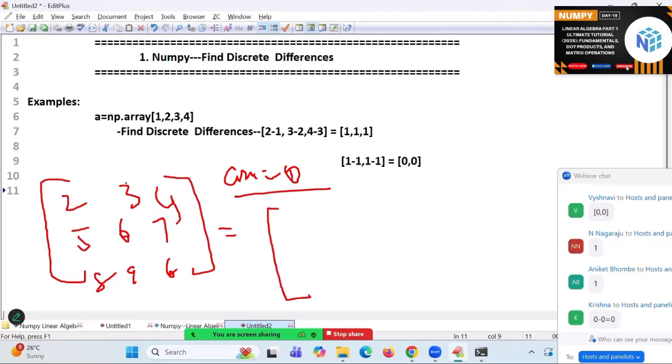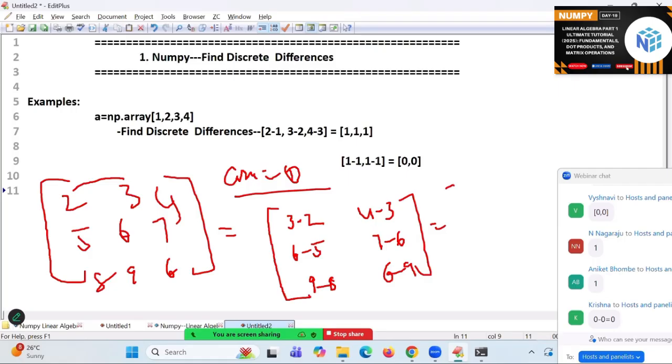Start quickly. 3 minus 2, 4 minus 3, 6 minus 5, 7 minus 6, 9 minus 8, 6 minus 9. So what is the answer coming? 1, 1, 1, 1, 1, minus 3. This is called one time.